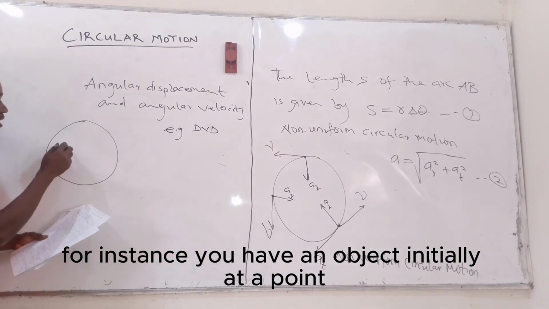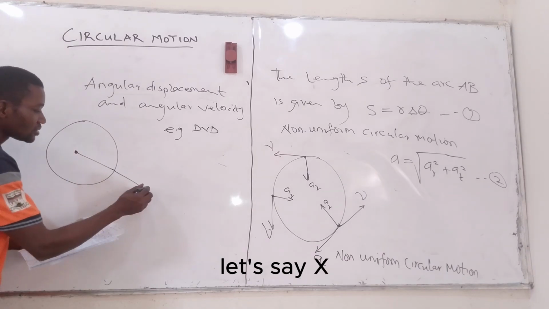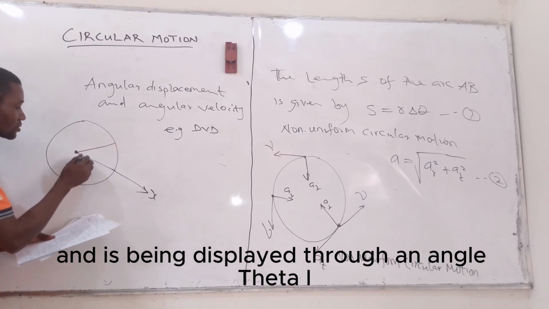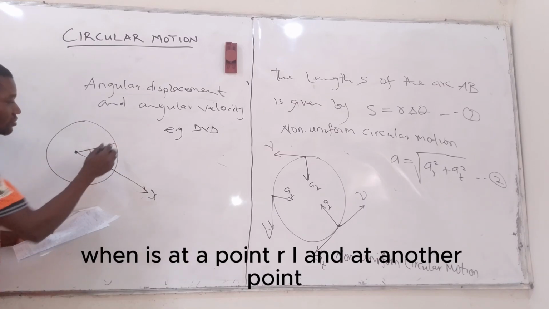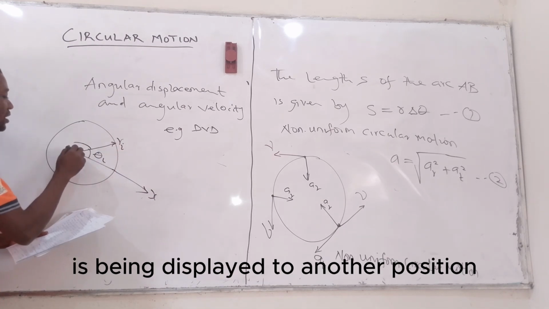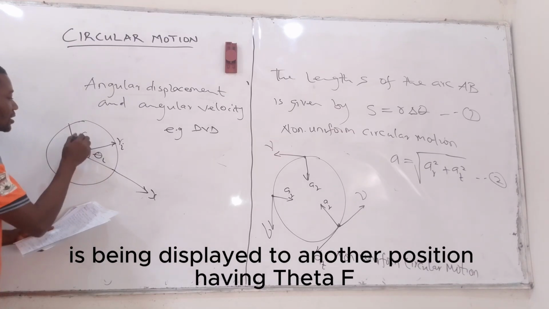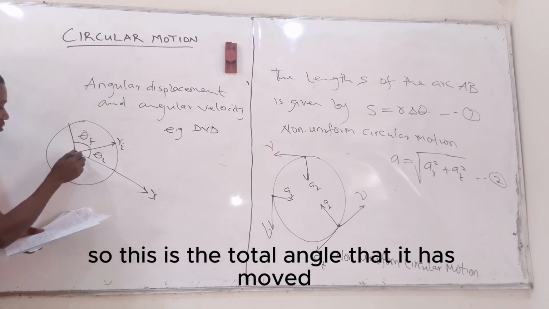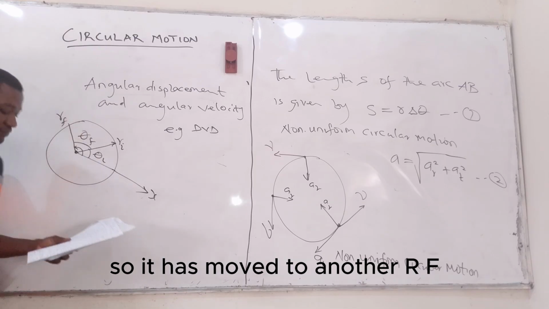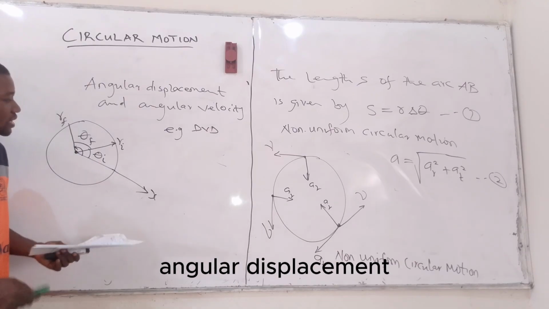For instance, you have an object initially at a point, let's say X, and it is displaced through an angle theta I when it's at a point Ri, and then it is displaced to another position having theta F. So this is the total angle that it has moved. So it has moved to another RF. Through this, we say the angle through which an object turns is called angular displacement.